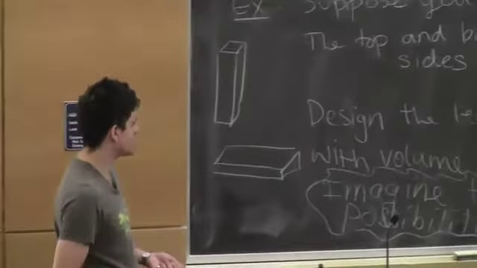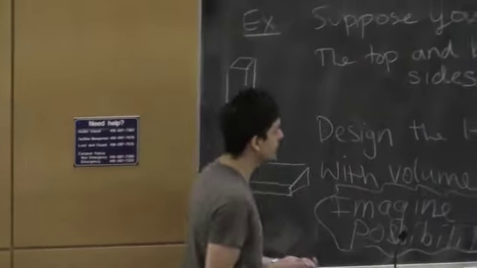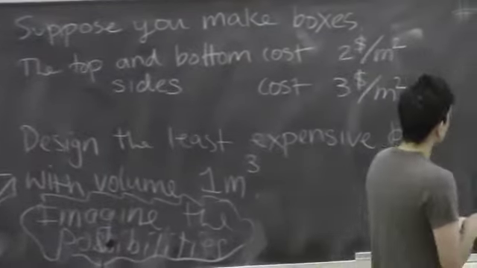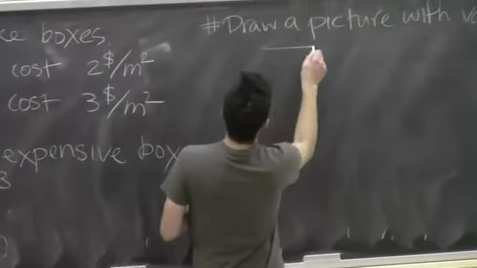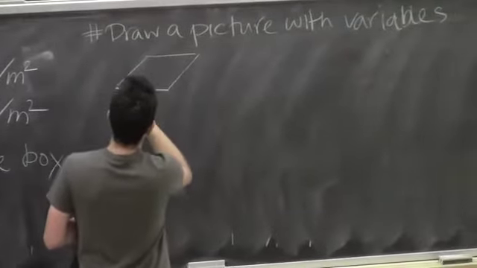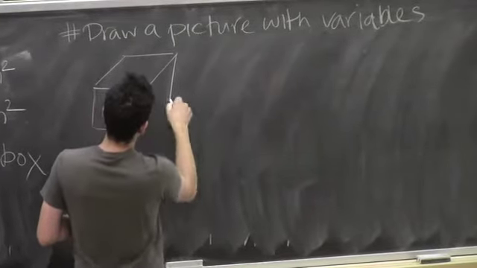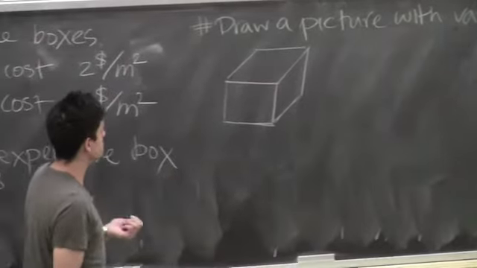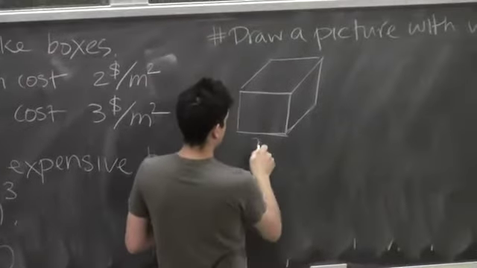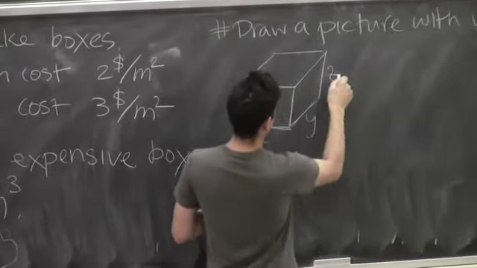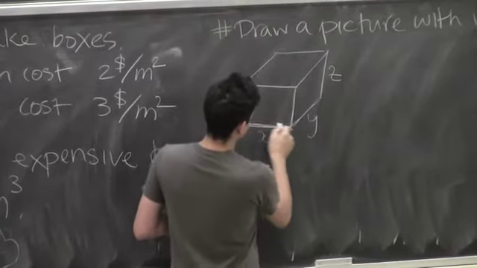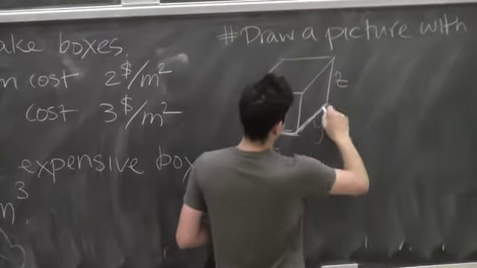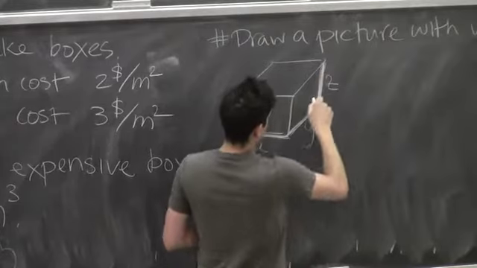Okay, imagine the possibilities of how this could play out. Okay, so we'll draw our picture with variables. Right, our box has 3 dimensions. Let's call them x, y, and z.